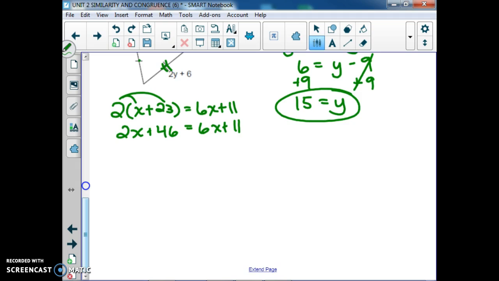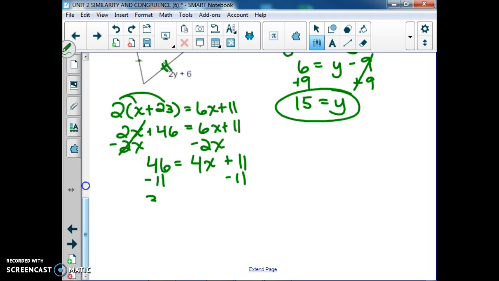Now I'm going to get all of my variables to one side and my constants to the other. So I'm going to subtract 2x from both sides. Now I have 46 is equal to 6x minus 2x, which is 4x. And bring down that 11. And then subtract 11 from both sides.